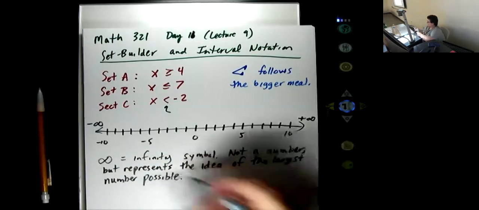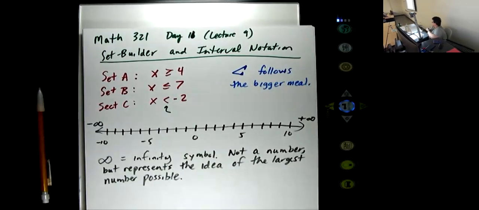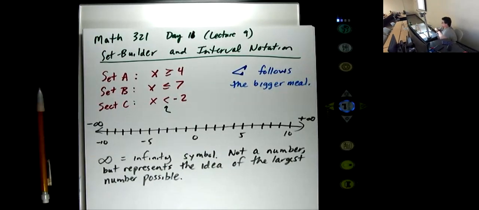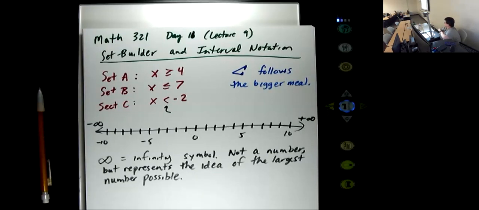This is strictly an idea. If you ever tried to give me a number and say it was the largest number possible, I could always add 1 to it and create a number that's 1 larger. So there is no largest number, but if there was a largest number, this would be it. So it's just a concept.